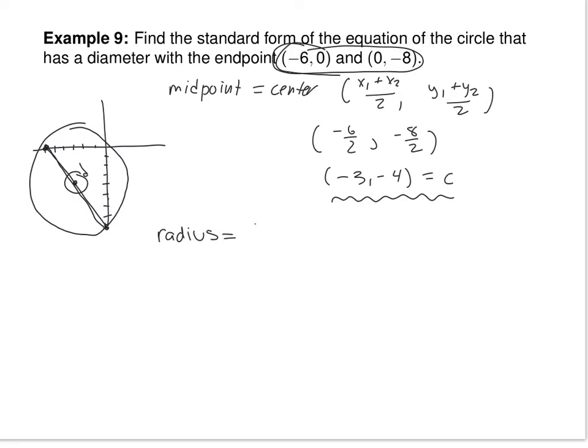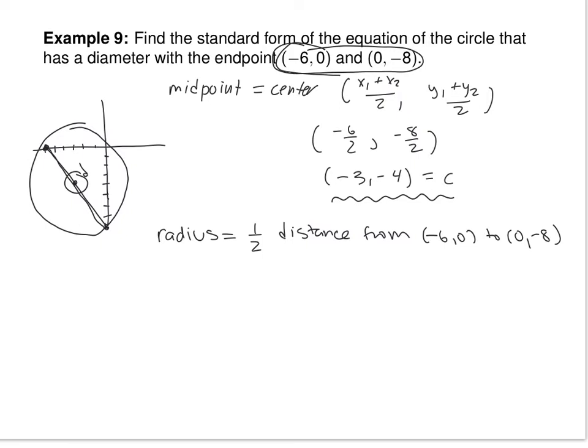And then the radius will equal half of the distance from -6, 0 to 0, -8. Does that make sense? That's what I was getting at. You could also do the distance from one of the points to the center, and that would be the radius as well.